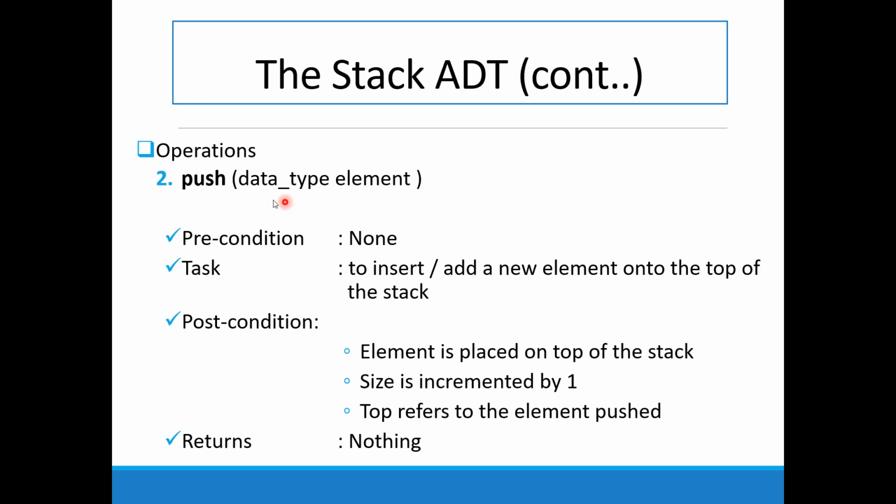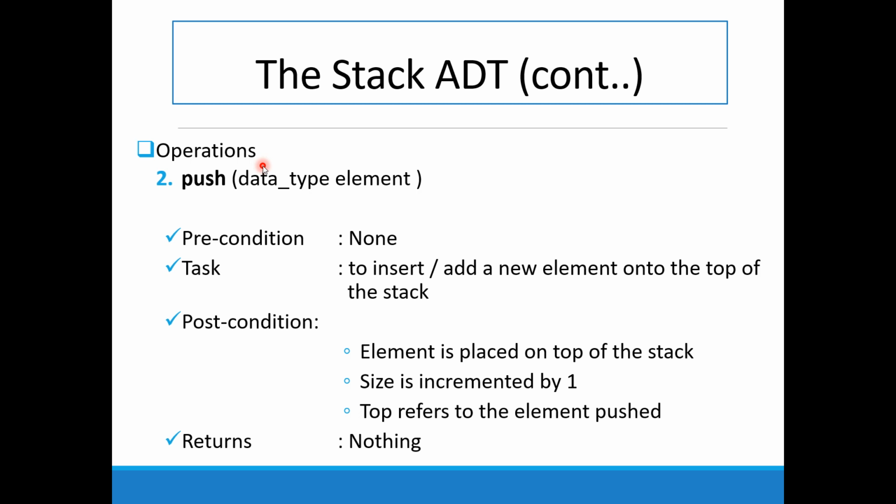Okay, same as before, kita akan ada parameter list. Dalam parameter list ni, komponennya adalah data type dan element. Data type tu bergantung kepada apakah jenis data yang kita nak masukkan. Kalau objek, data type dia adalah objek.